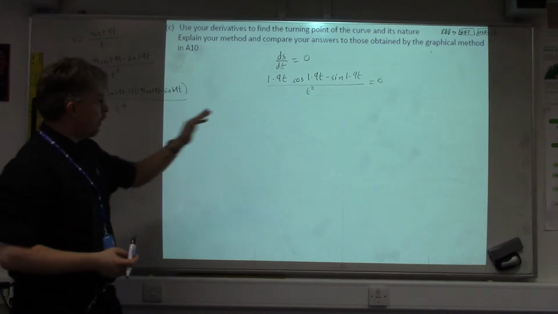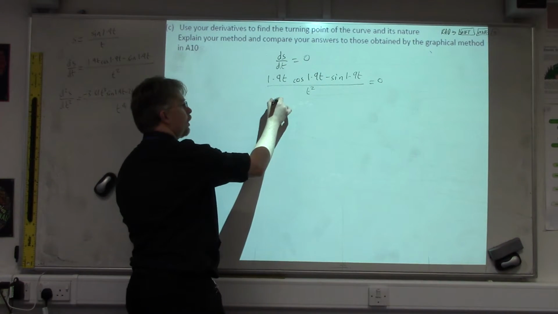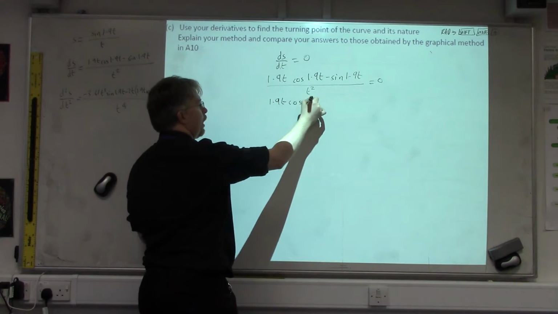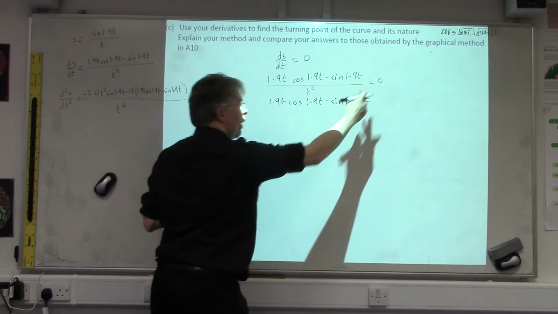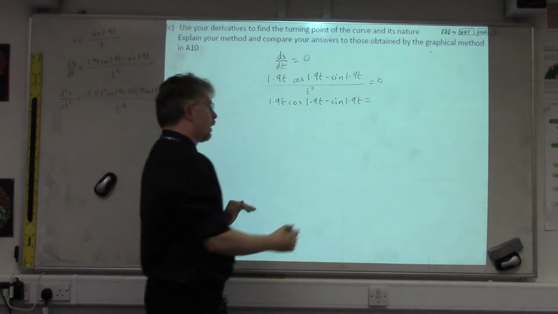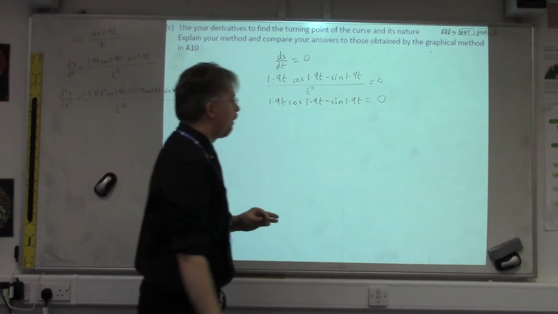Well, you can multiply both sides by t squared. On the left-hand side you're just left with the numerator. On the right-hand side, 0 times t squared is still 0. So we end up just having to solve that equation.